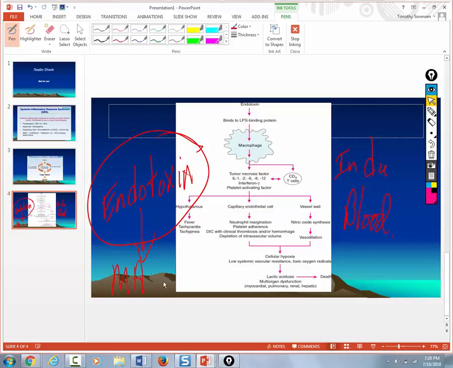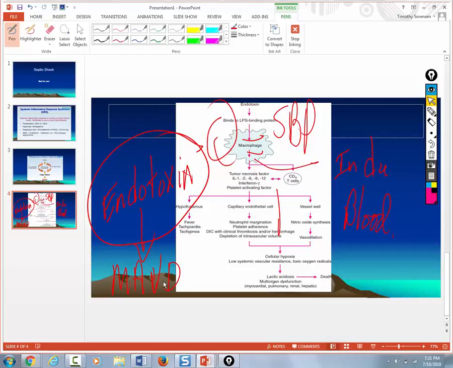Endotoxin, along with other chemical mediators, is a massive arterial vasodilator. You got me? Where's the endotoxin in the bacteria?